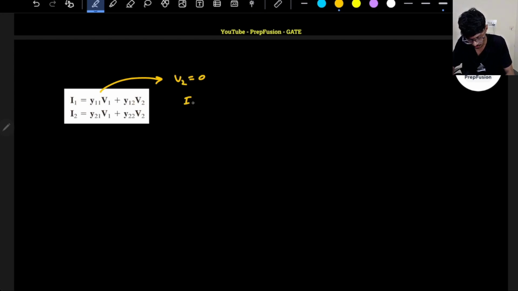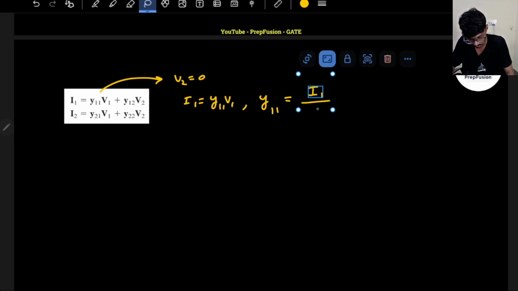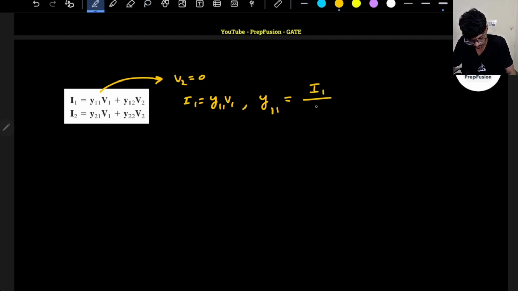If I make V2 0, my I1 will be equal to Y11 V1. So my Y11 will be equal to I1 by V1.